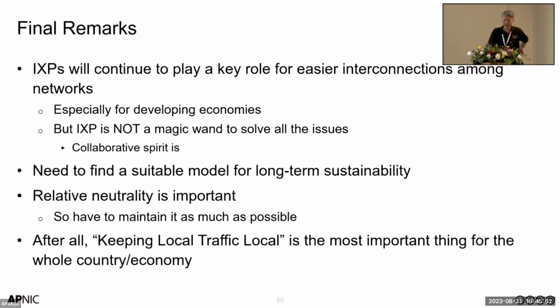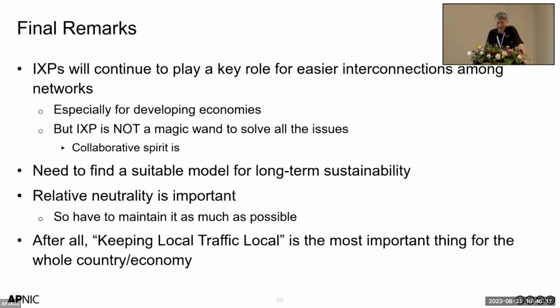Anyway, we think IX will continue to play a role for easier interconnection among networks, especially in developing economies. And IX need to find a suitable model for long-term sustainability. We of course can talk more offline regarding what may suit you more, but at least I have provided some hints to you.